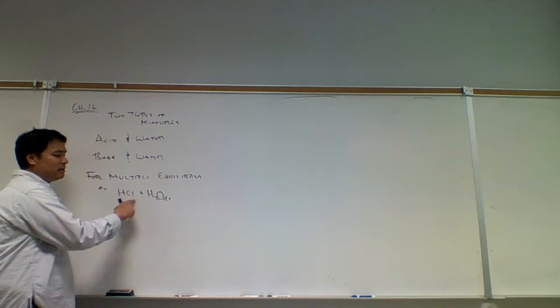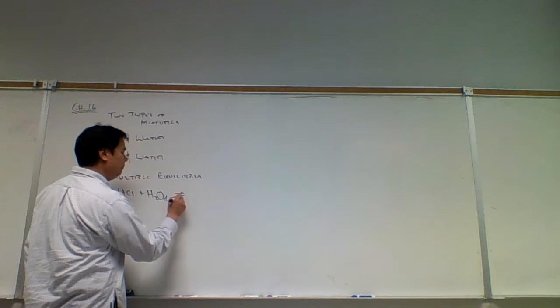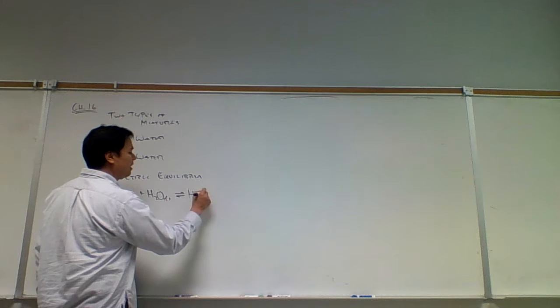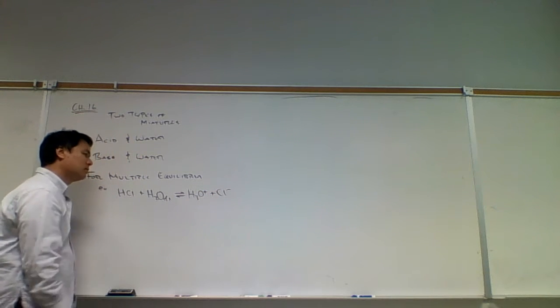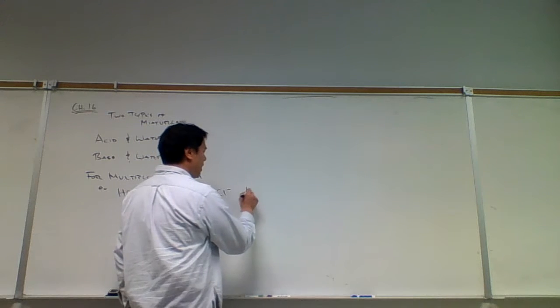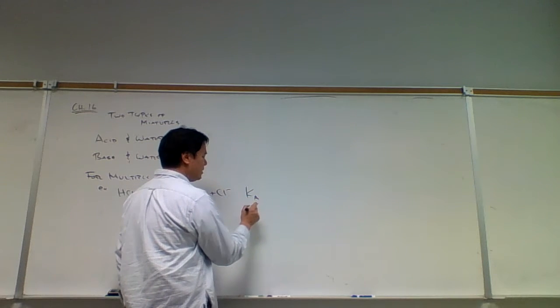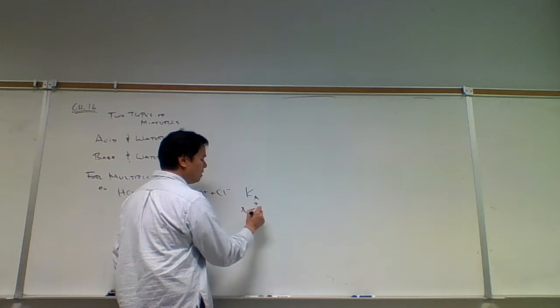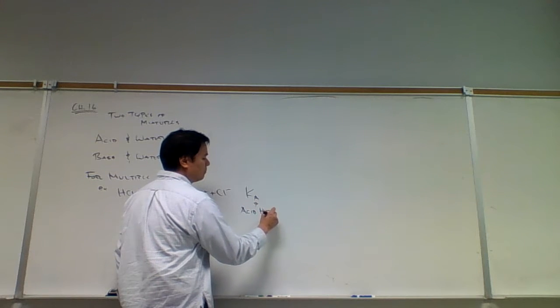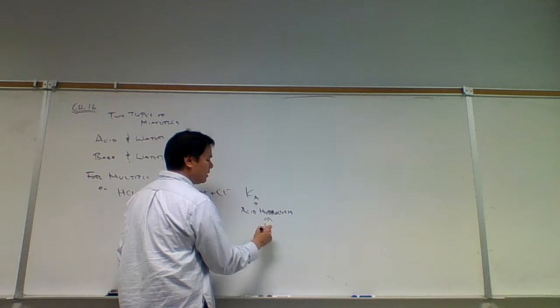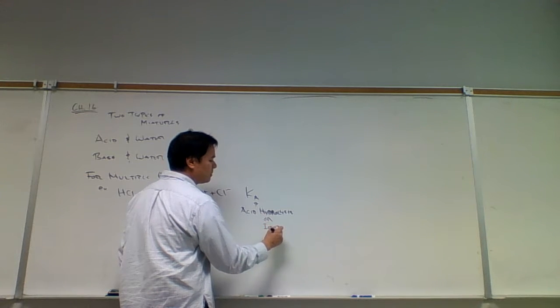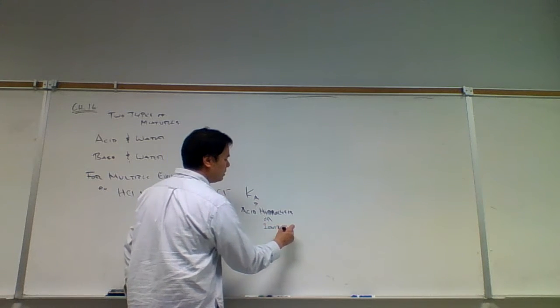And so if we have HCl and water, then what happens is we'll have hydrolysis or ionization. We'll end up with hydronium and chloride. This is called Ka. A stands for acid hydrolysis or ionization, acid ionization. Kas are sometimes called the acid ionization constant.